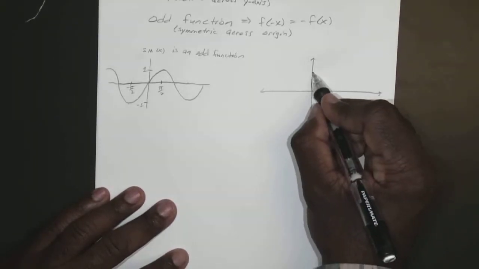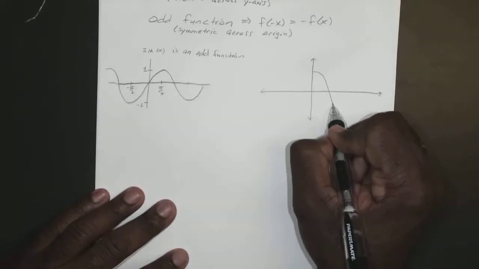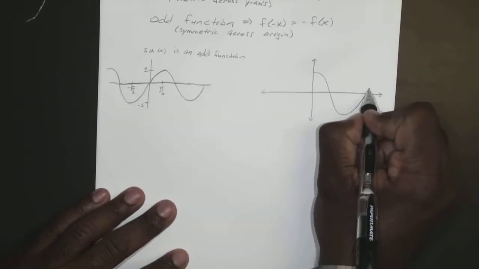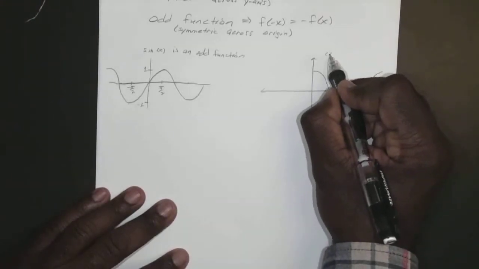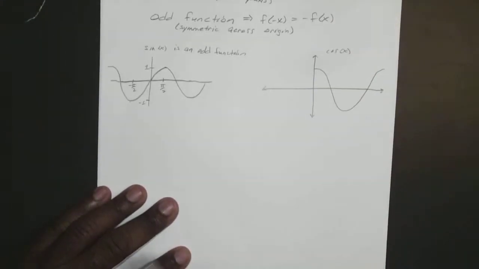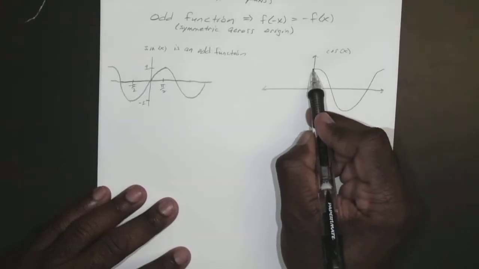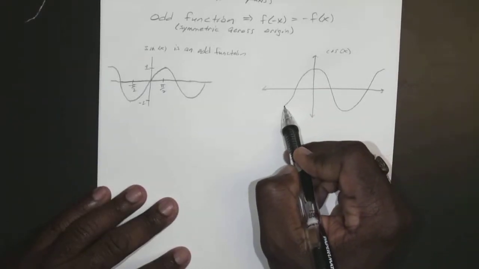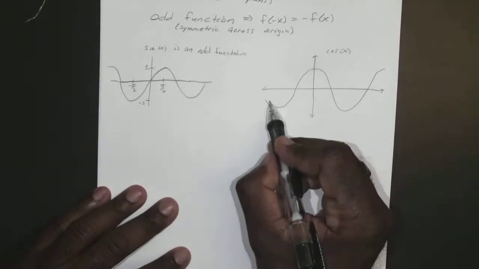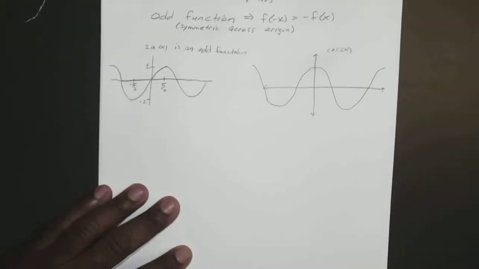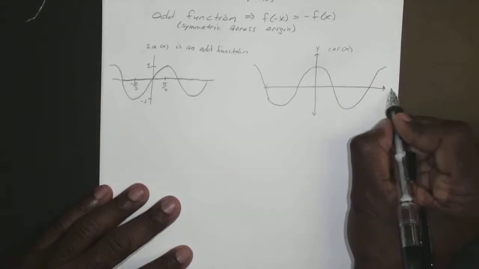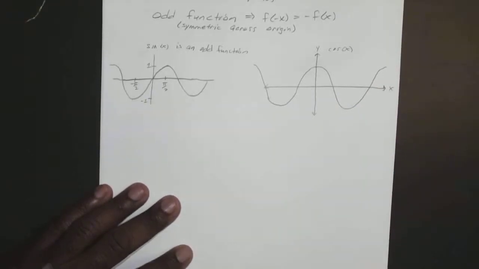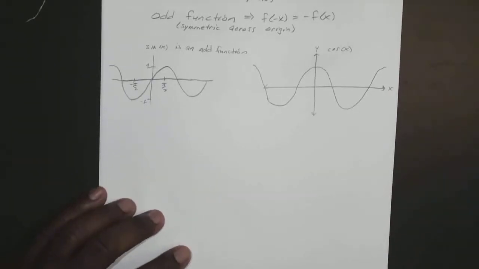So cosine, if we do a quick sketch for cosine, remember it starts at 1. And it keeps on going on the other side. Okay. So if you look at your y-axis, it looks like a mirror image of each other.